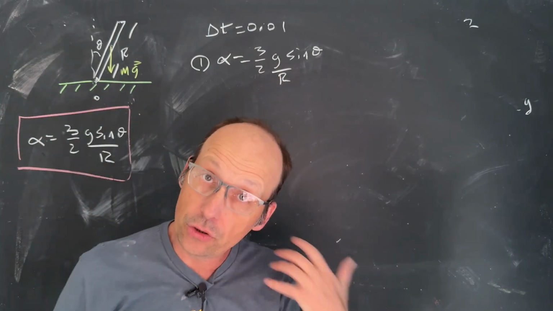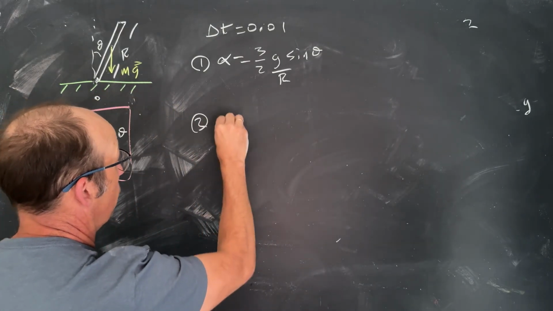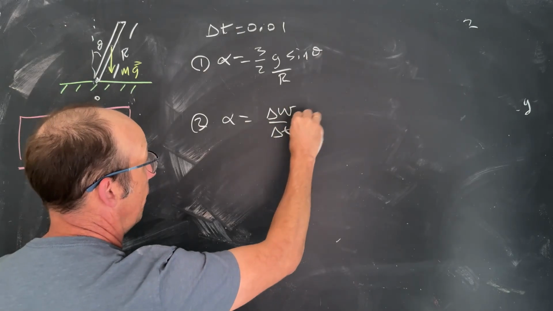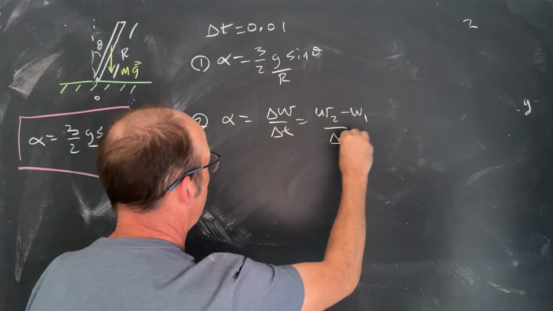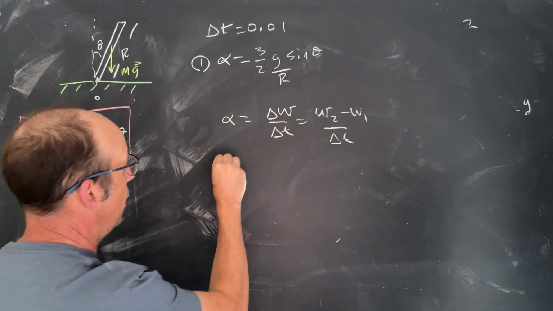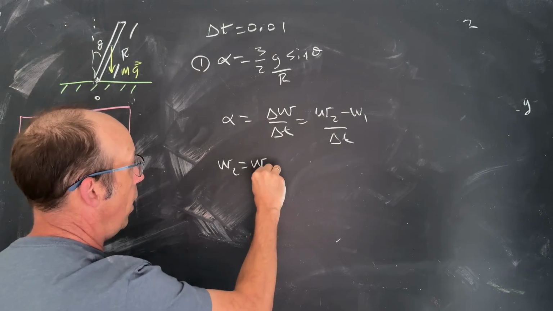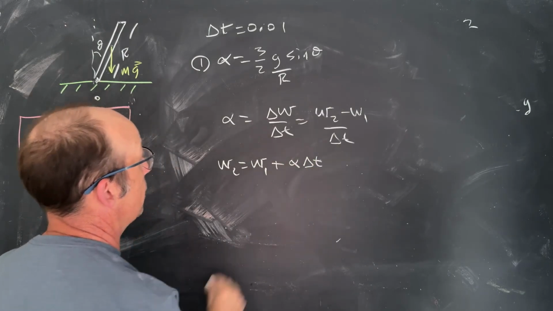Now I can use the following definition for the angular acceleration. It's the change in omega with respect to time, and that's omega 2 minus omega 1 over delta t. So omega 2 is omega 1 plus alpha delta t.